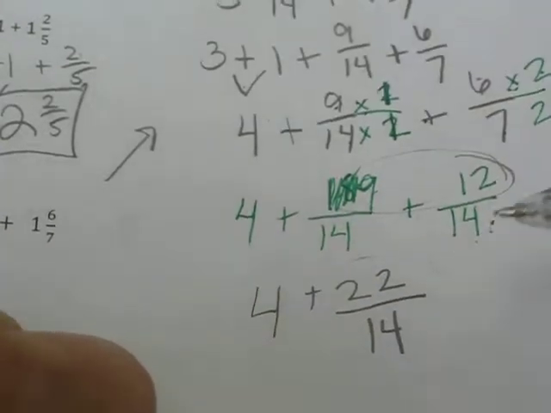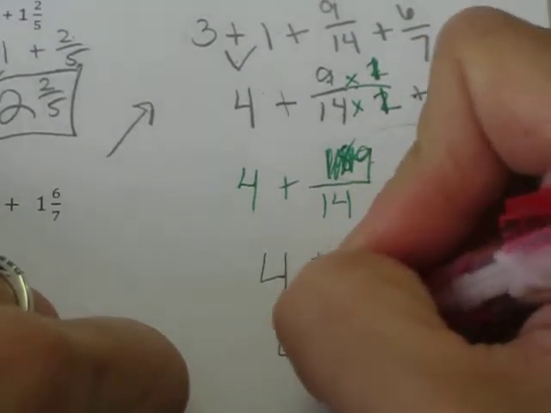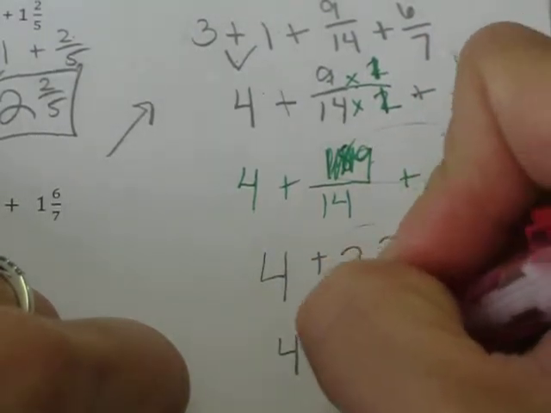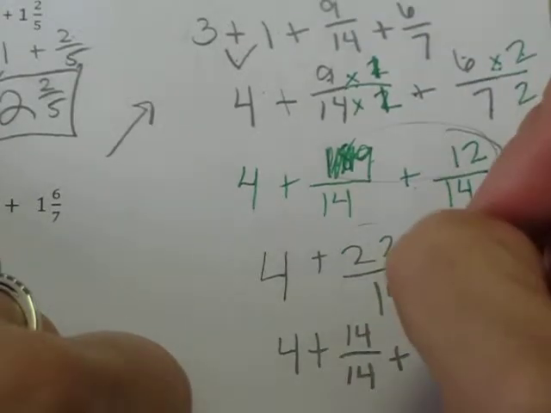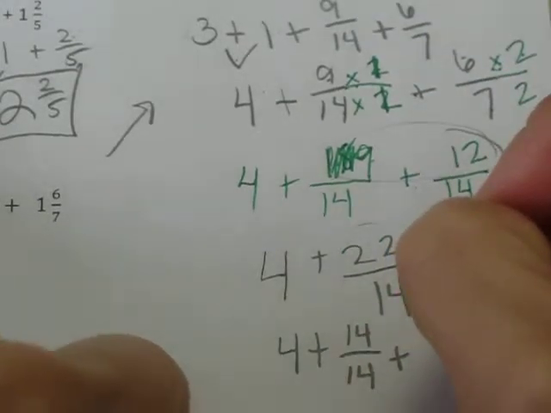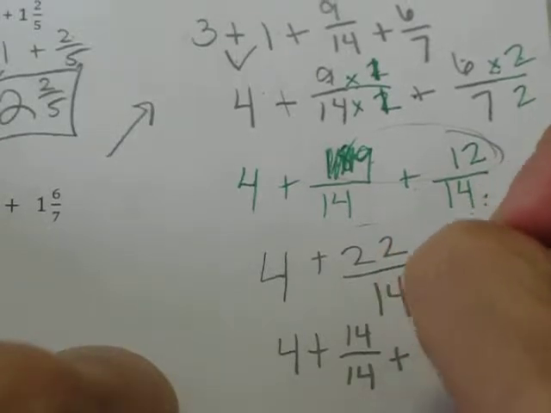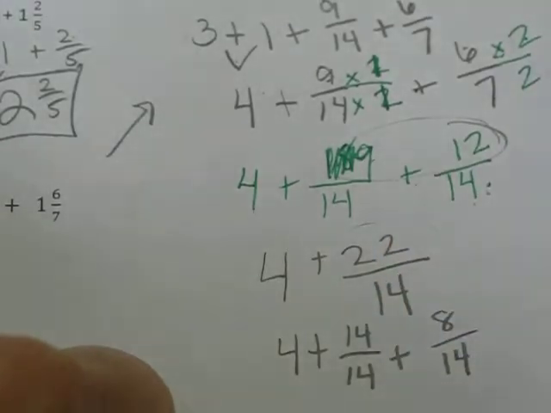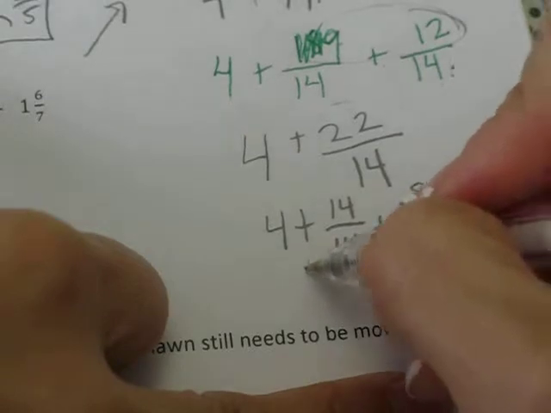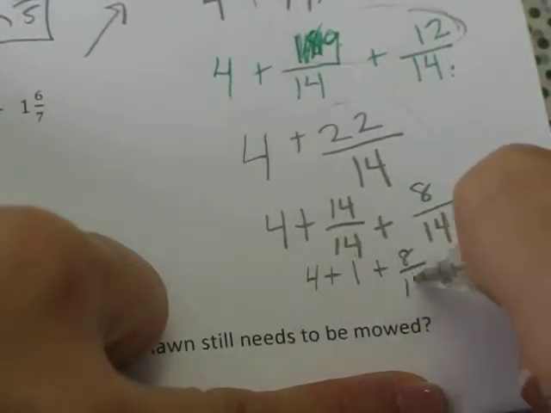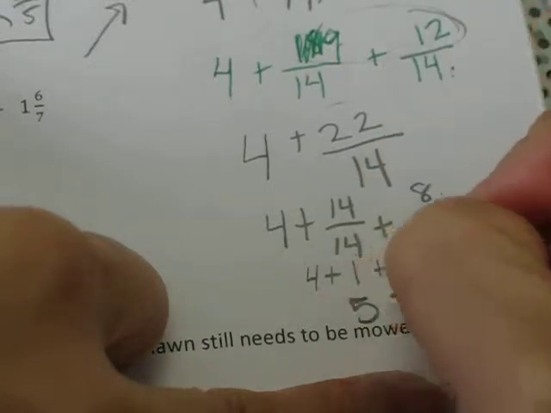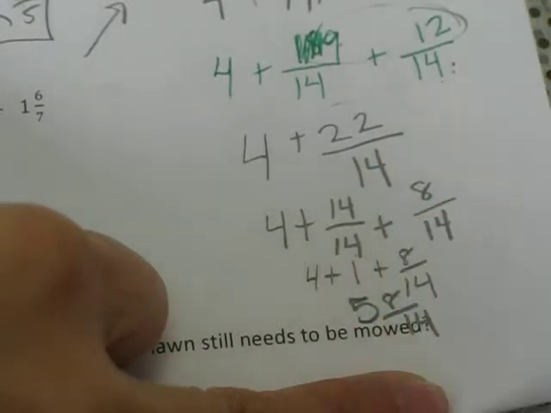This is an improper fraction, so I have 4 plus, I'm going to pull out 14/14, plus whatever's left over, 7/14. So 4 plus, this turns into 1, plus 7/14. This is 5 and 7/14.